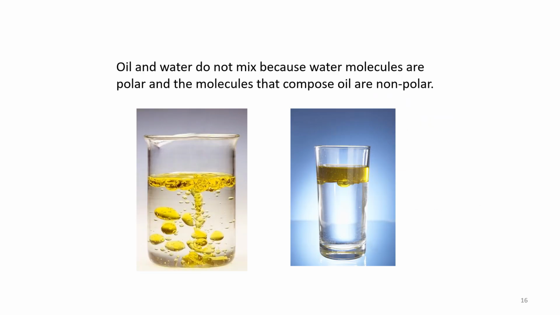Tetapi kalau awak lihat, kalau polar molekul dengan non polar molekul, contohnya dekat sini air dan juga minyak. Oil and water do not mix because water molecule are polar and the molecule that compose oil are non-polar.